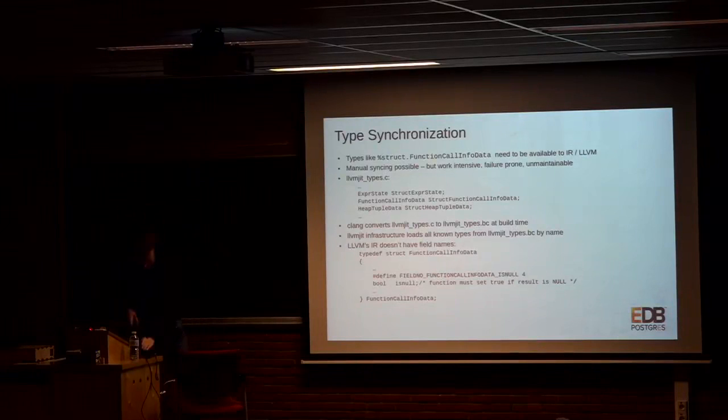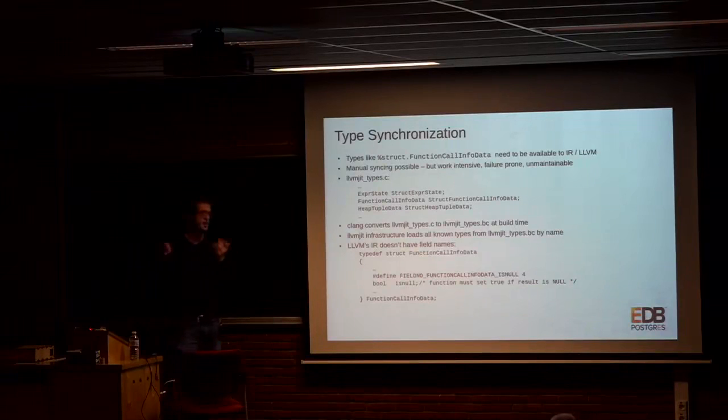And that allows us then to use that in the IR. And then at startup, we reload that file, and then we have the type information available in both places. And unfortunately, LLVM's representation doesn't have field names, so I just added a bunch of defines that have the offset number that we can then reference in the C code that emits the LLVM IR.